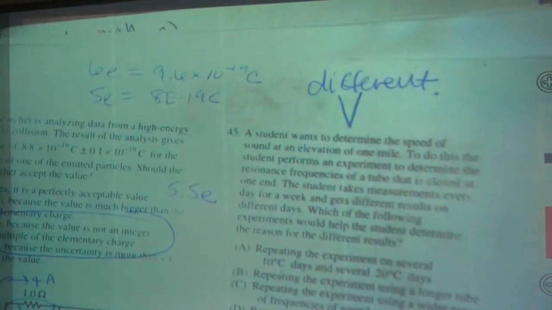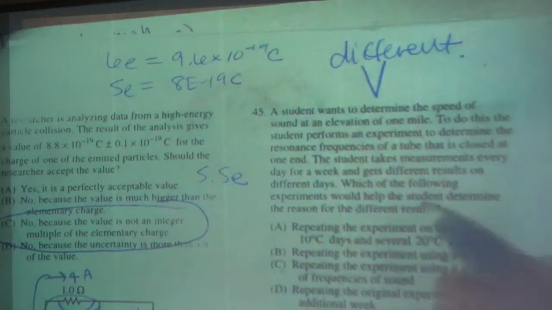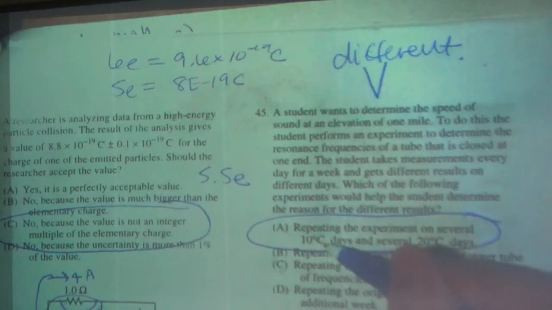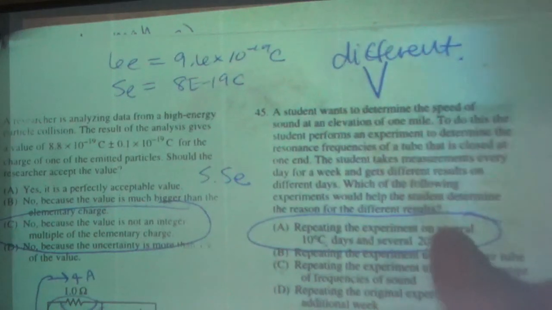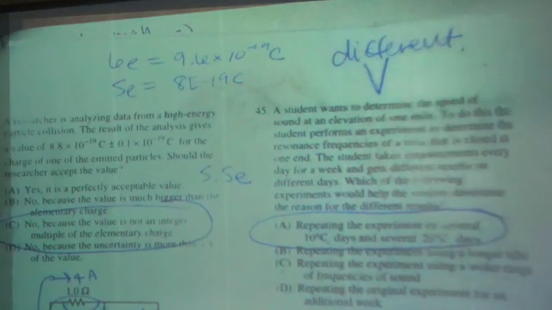Because you're not changing the medium, but temperature changes the medium, right? So maybe it was due to different temperatures on each of the days. So then repeating it on several different days that have the same temperature, and another set of days at a different temperature but staying the same, would test that theory.